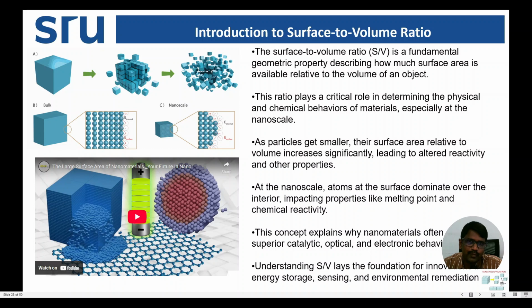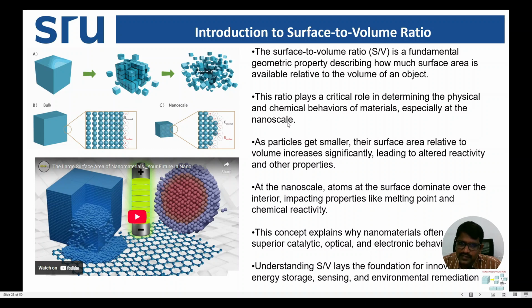But once we make it into multiple blocks, multiple nanoparticles, obviously the surface area will increase. Once the surface area increases, more atoms will participate in any reaction, so the efficiency will be enhanced for any type of application. That's why, in the second statement here, you can see this ratio plays a critical role in determining the physical and chemical properties at the nano level.